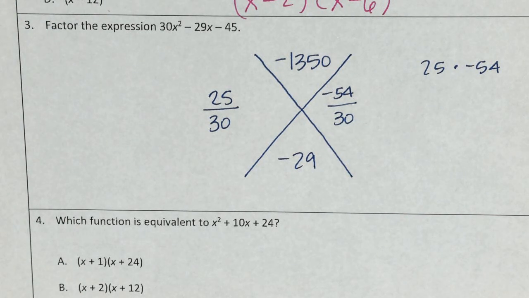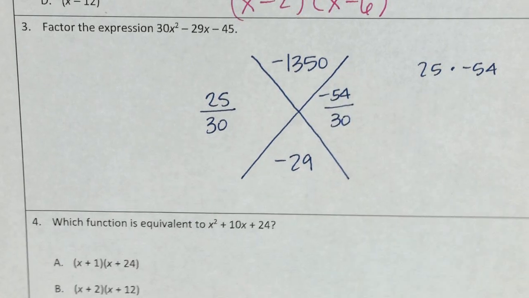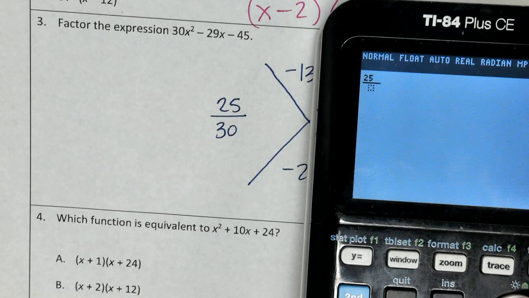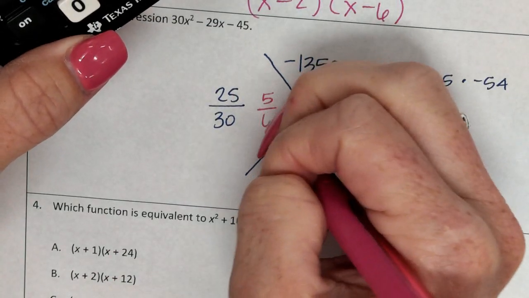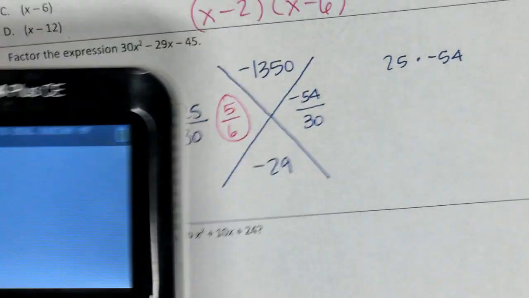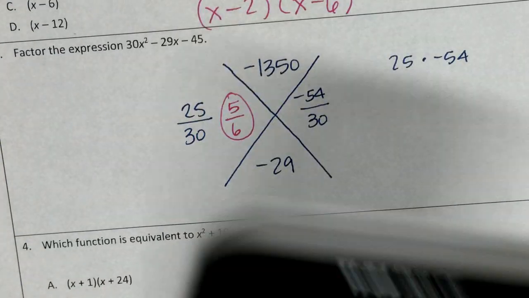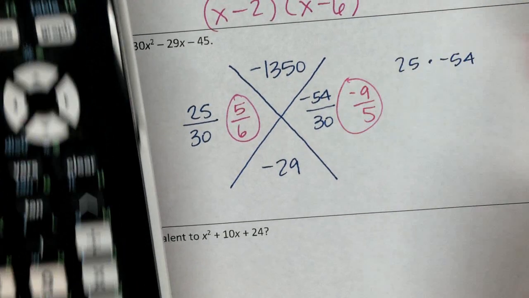They can be simplified. So here's the deal. Everybody look at the board real quick. This negative has to stay with the top number. Okay, so just put it in your calculator in alpha y equals and let it simplify, which is 5 over 6 for this one. And then negative 54 over 30 simplifies to negative 9 over 5.